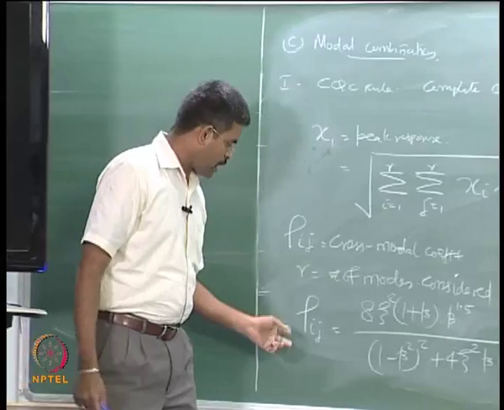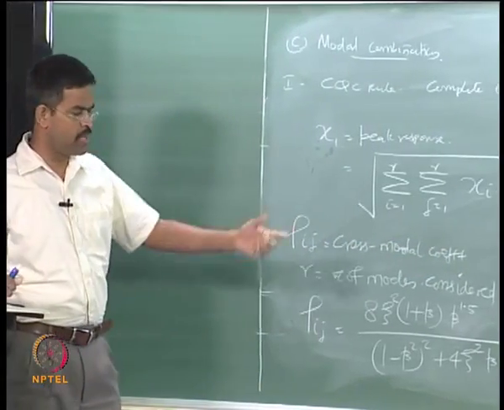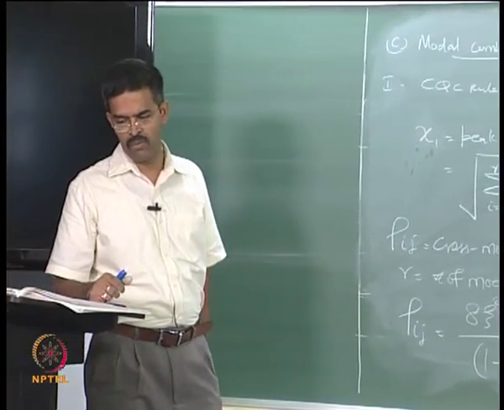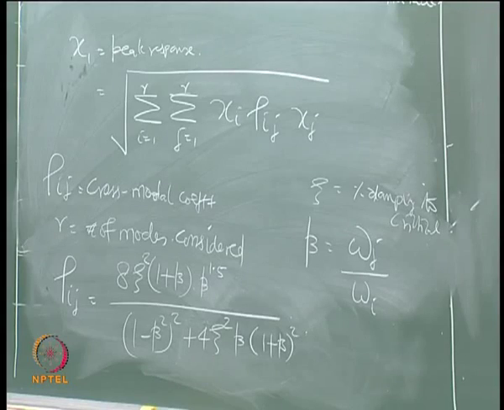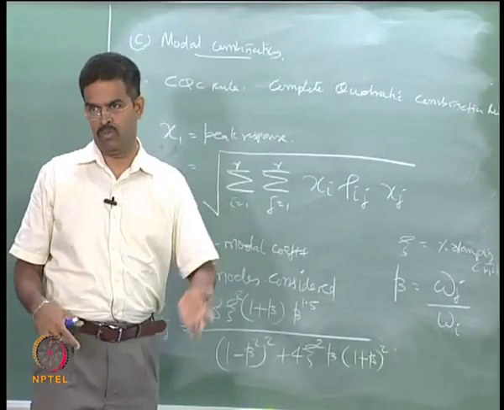If I am talking about ji, then it is i over j, okay. So I have these frequencies with me, beta can be computed, whereas omega i and omega j are respectively the frequency in the ith mode and the jth mode.